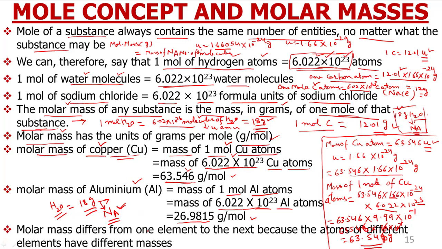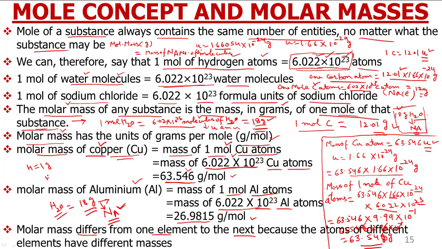Now the molar mass differs from one element to the next. For hydrogen, molar mass is 1 gram.